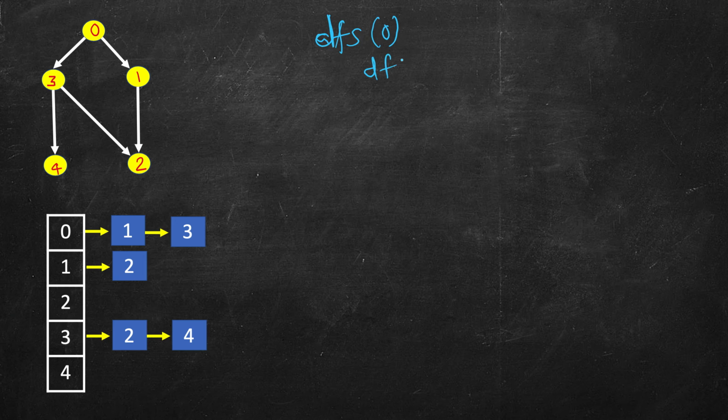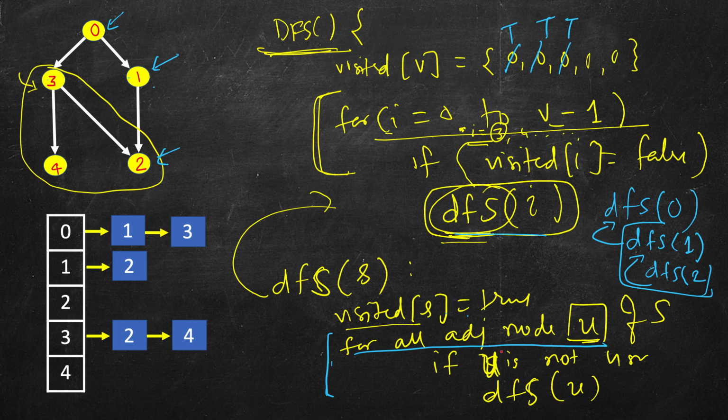It called DFS 1. It called DFS 2. Then it returned and it also returned. So this is no more in this stack, and this 0 had looked at its one adjacent node 1. So it will look at its next adjacent node, that is 3.